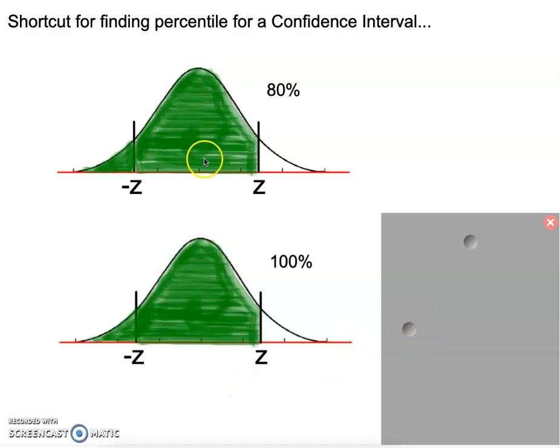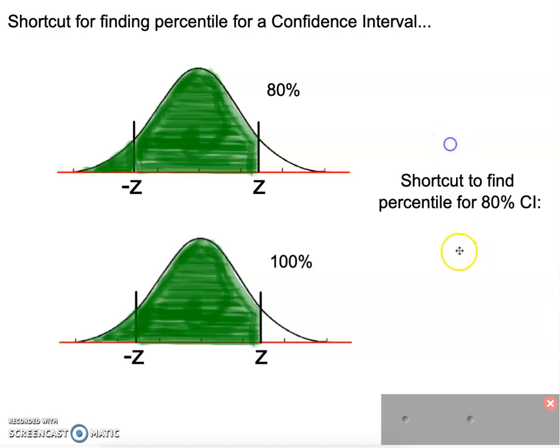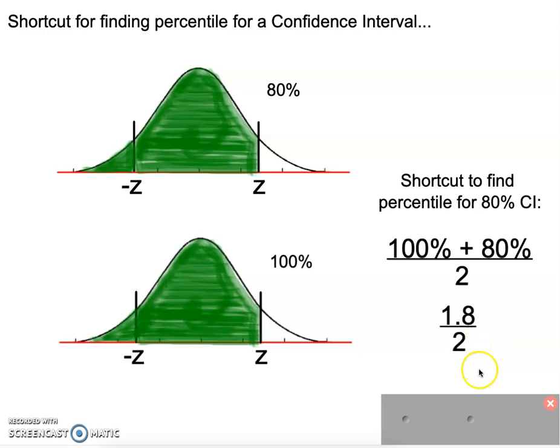Now I actually have exactly what I wanted, but I have two versions of it, 100% and 80%. 100 plus 80%, since I have two copies, I only want one of them. The correct answer is 1.8 divided by 2, which is the 90% or 0.9 that we got last time. So shortcut: whatever your percent is, add 100% to it, divide by 2.